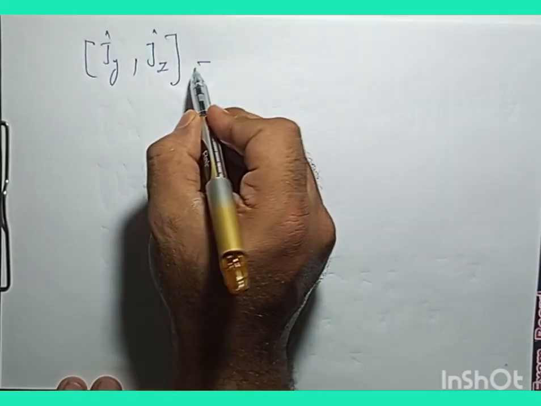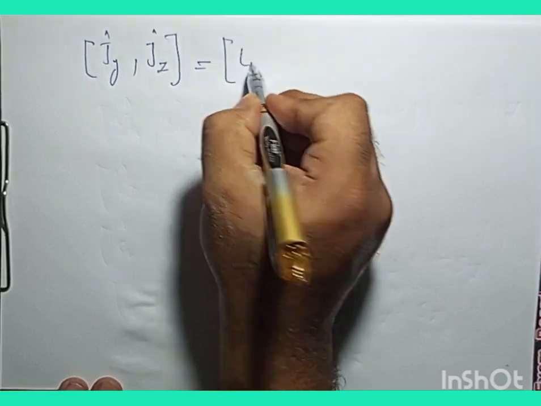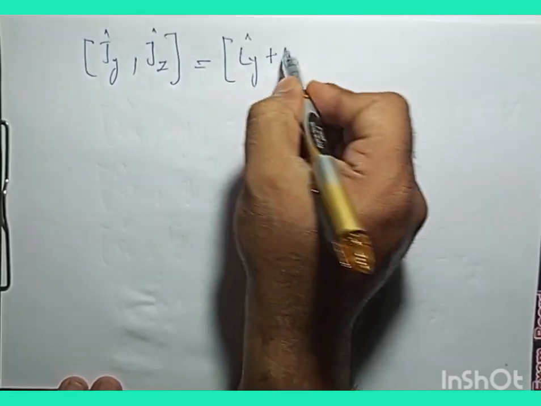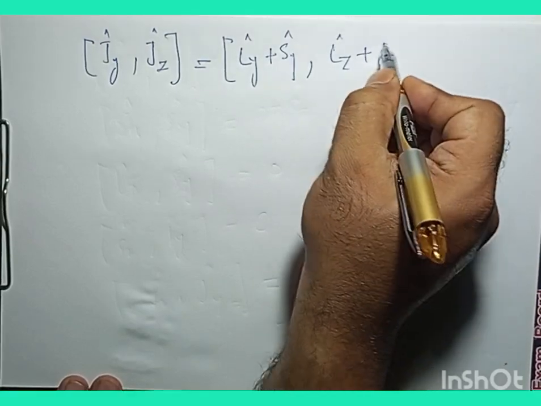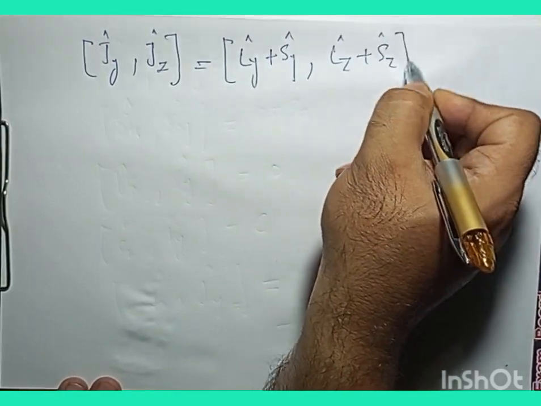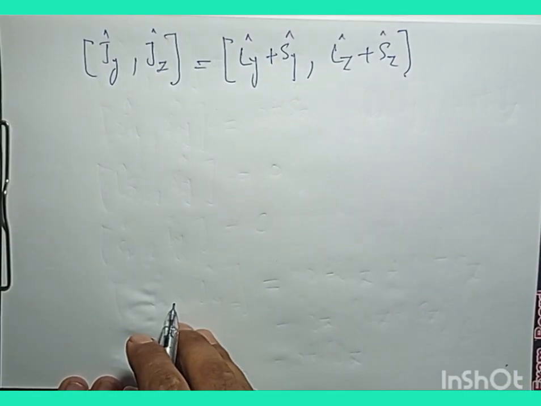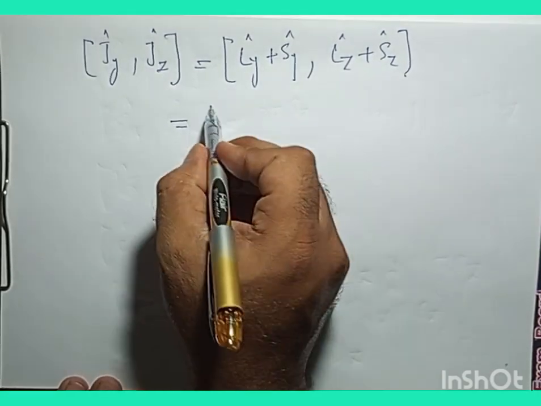Okay, so here what we can write is [Ly cap + Sy cap, Lz cap + Sz cap]. All right, so we can use the property of commutators, and we can write down the commutators here.